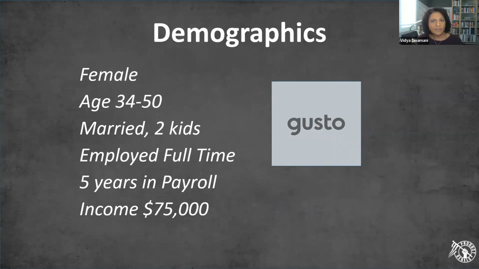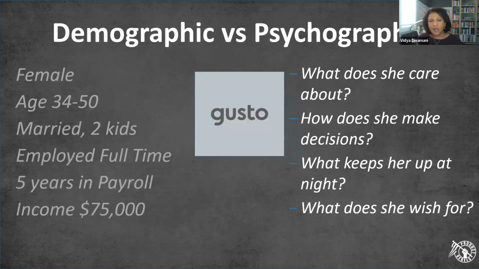I don't know how I would make a product decision or a feature decision based on this. It's kind of meaningless. So what I really want to do is to kind of get into that payroll manager, and I want to say, like, what does she really care about? Like, how is she making these decisions? Like, what does she do day to day? What is she worried about? I mean, that's always an amazing question to ask when you're talking to customers.